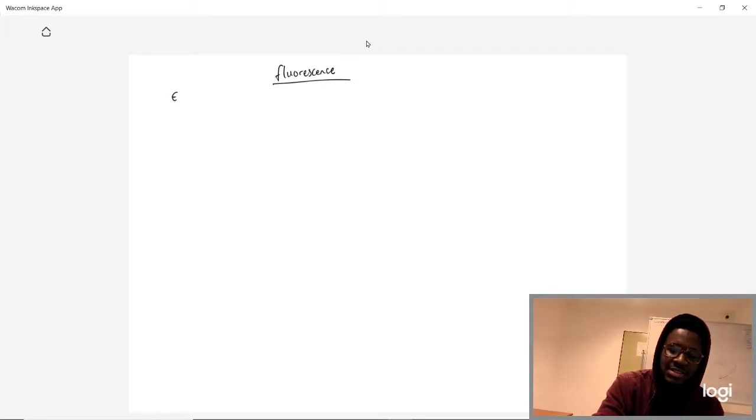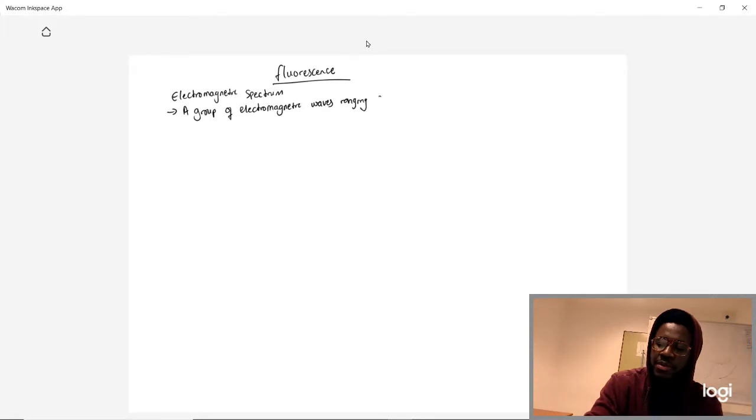So the first thing is the electromagnetic spectrum. The electromagnetic spectrum is a group of electromagnetic waves ranging from gamma rays to radio waves.